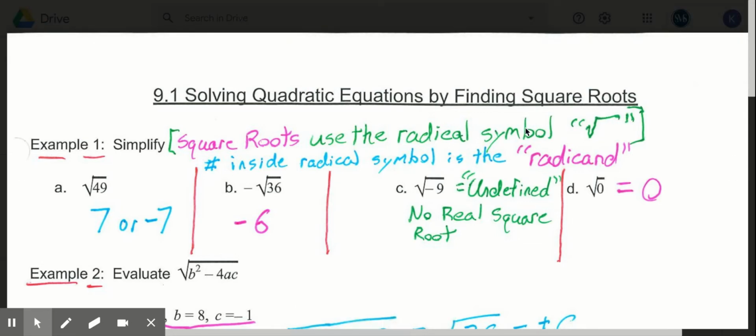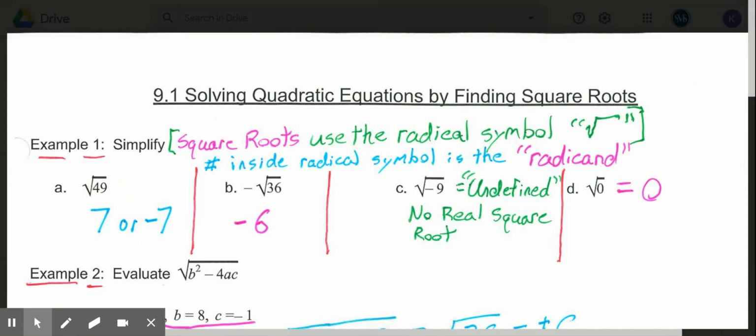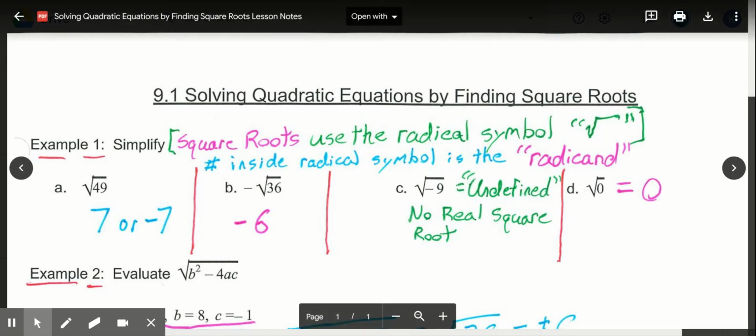Then whatever value is inside the radical symbol, if we look at A here, 49 would be the example, is referred to as the radicand. So just a couple of vocabulary terms there. We have the radical symbol, which is the symbol itself, and then whatever is inside is the radicand.